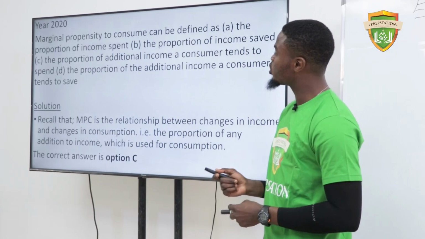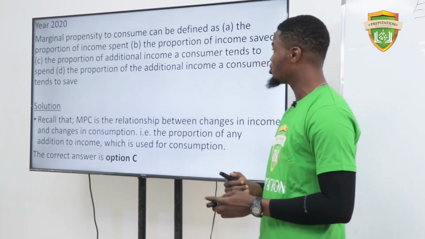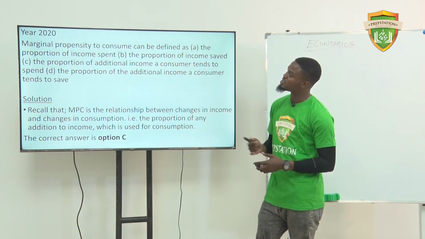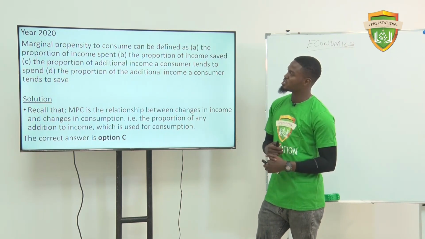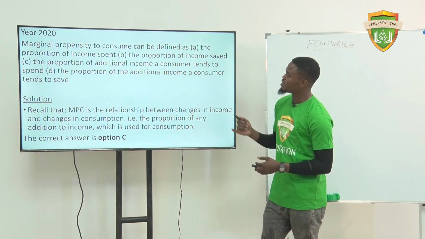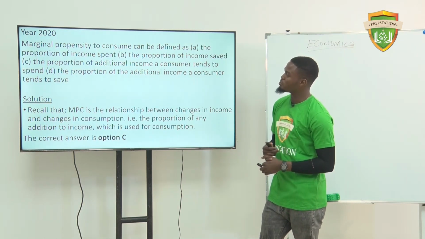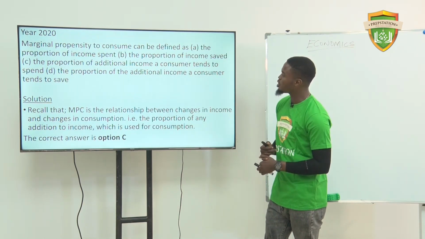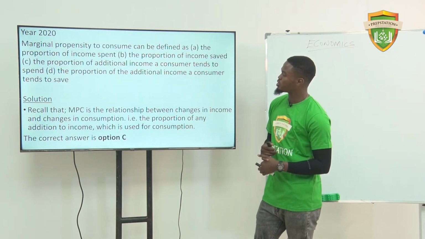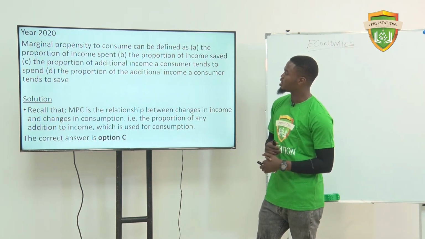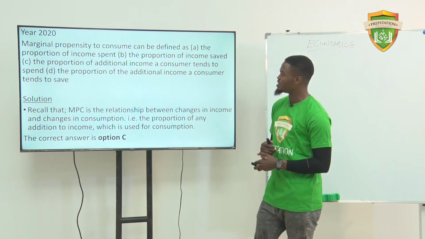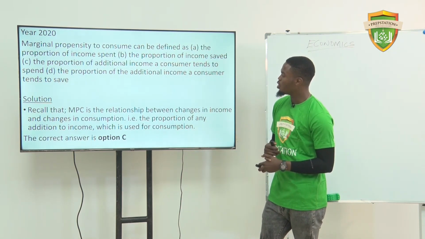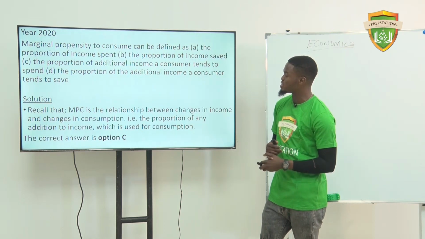Then your year 2020, you have marginal propensity to consume, and it can be defined. They said marginal propensity to consume, MPC, can be defined as: A, the portion of income spent, B, the portion of income saved, C, the portion of additional income a consumer tends to spend, and D, the portion of the additional income of a consumer tends to save.